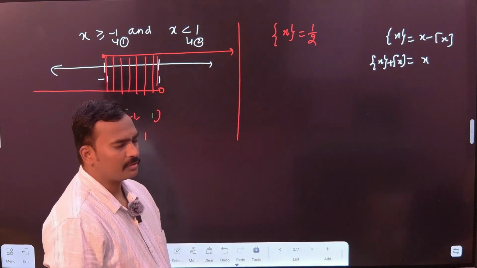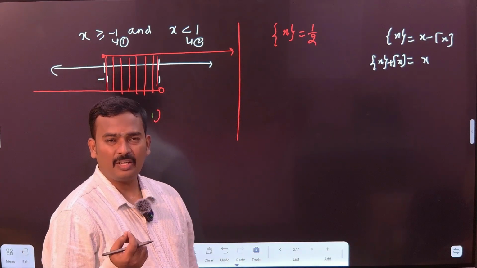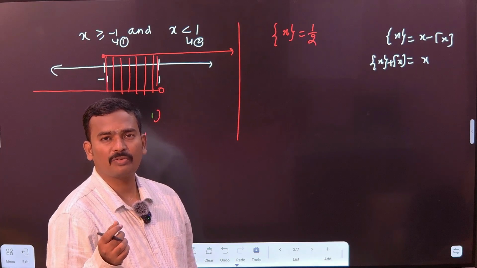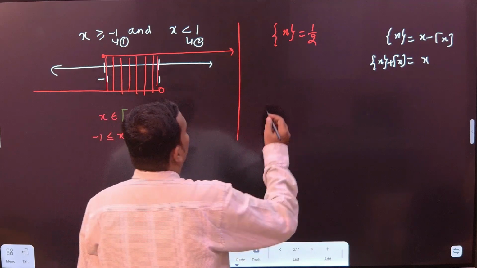For example, 1.5: 1 is the integer, 0.5 is the fractional part. The fractional part function range is what? 0 to 1, right? Okay.